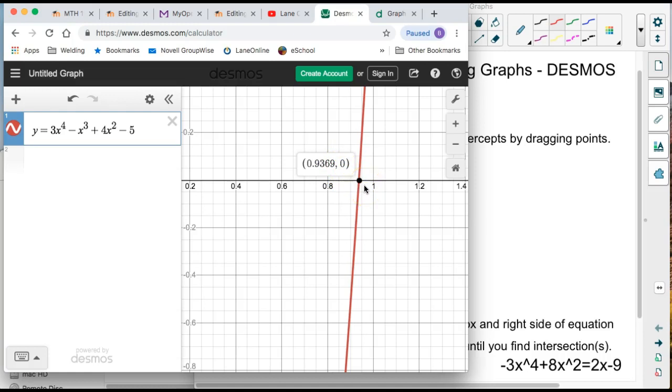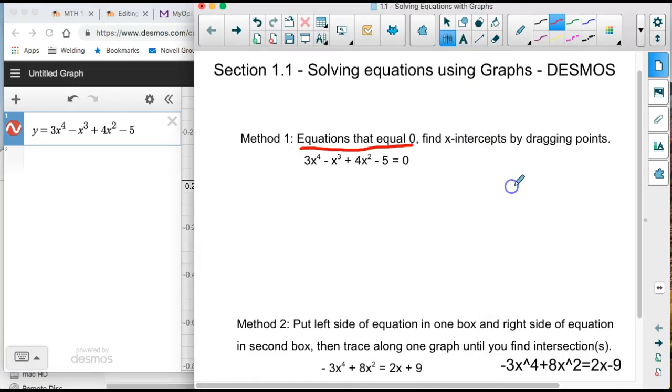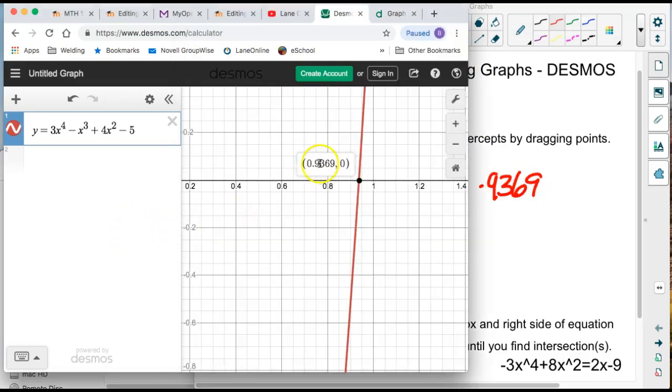So one of the solutions here to 4 decimal places is going to be 0.9369, and it rounds for you. So 0.9369 is one of your solutions.